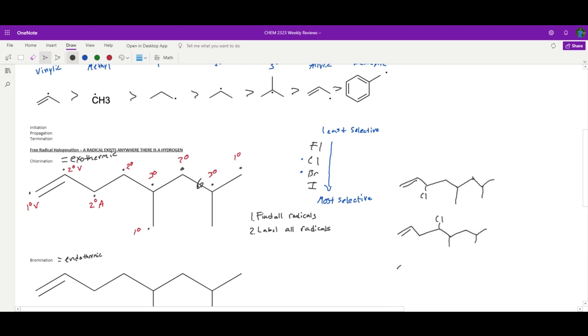Second one, I'm going to draw a chlorine right there. Third one, I'm going to draw a chlorine right there. Fourth one, I'm going to draw a chlorine right there.